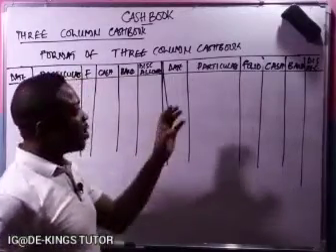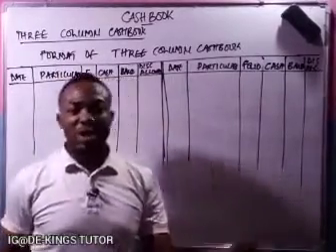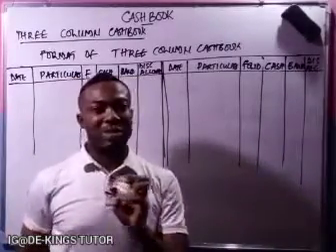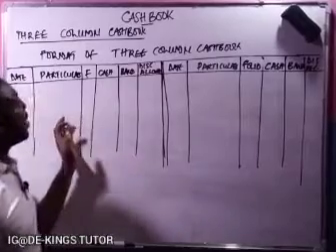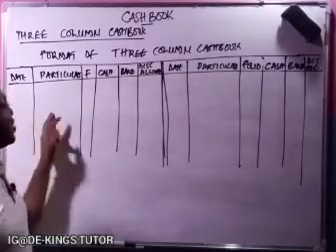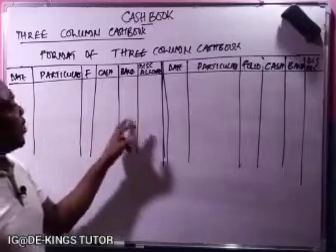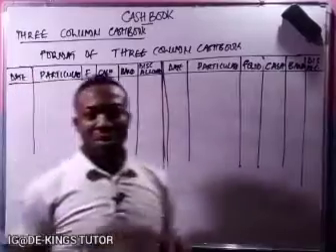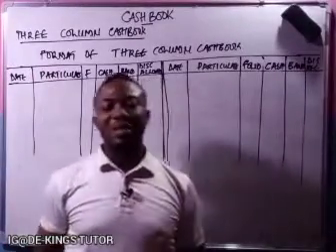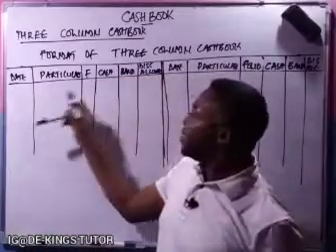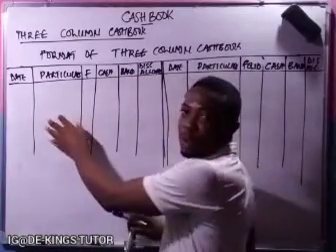But what makes them differ is the one for cash only, the one for cash and bank, and the one that involves the cash, the bank, and the discount. Okay, so this is the format for the 3-column cash book that has the date, particulars, folio, cash, bank. Now for the debit side, it is discount allowed. Now, the discount allowed is an expense. It is on the debit side because you are receiving from your customer.